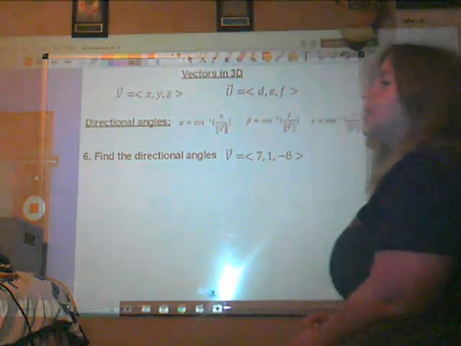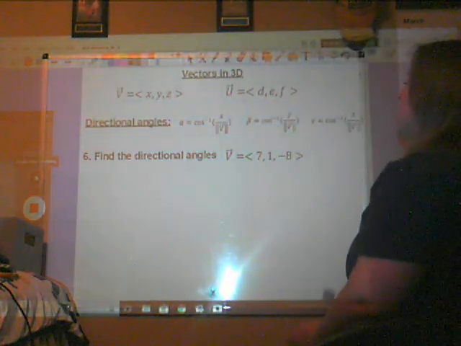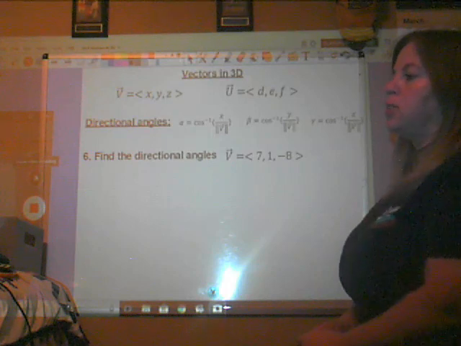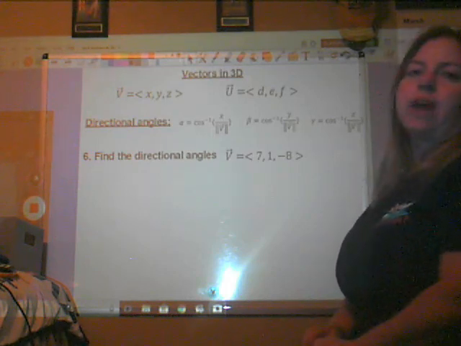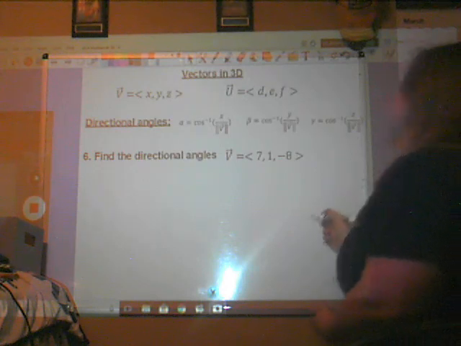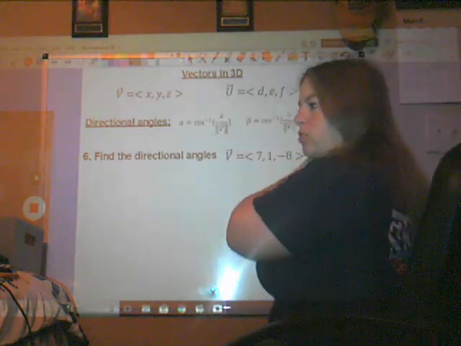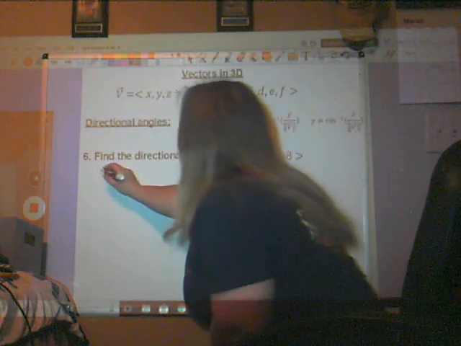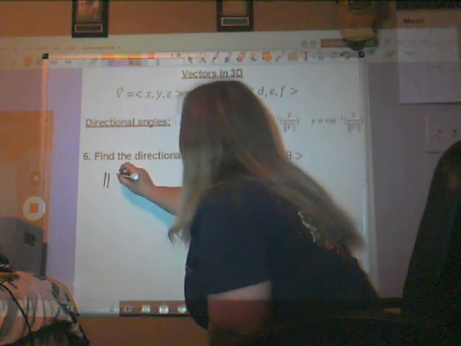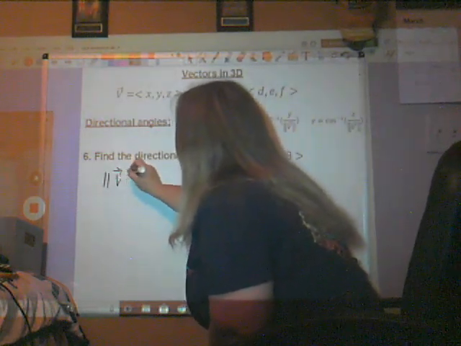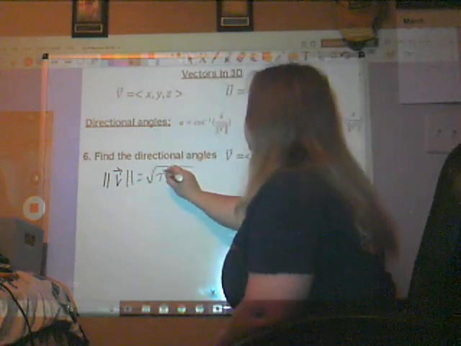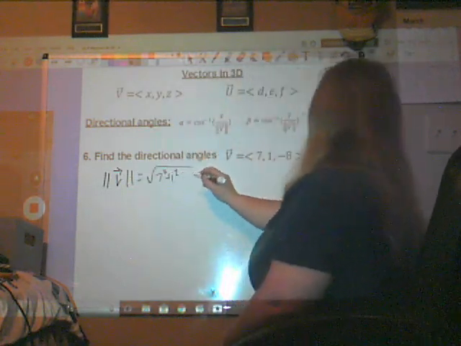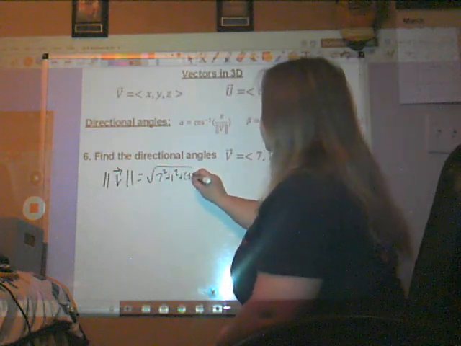Okay, now we're going to look at directional angles. So you're finding your alpha, your beta, and your gamma. So you want to find all three. So to find our directional angles, we need to find our magnitude. So we're going to find the magnitude, which I think we've already done, but we can do it again. So the magnitude is the square root of 7 squared plus 1 squared plus -8 squared.